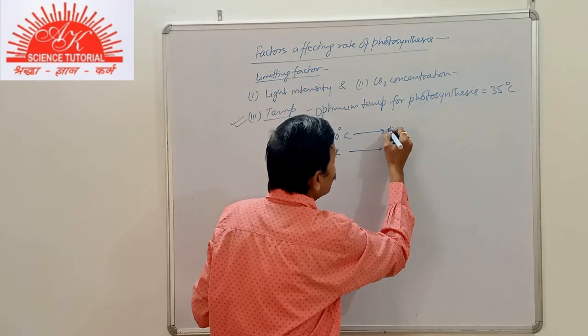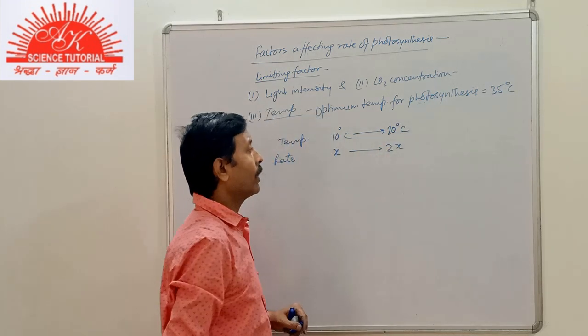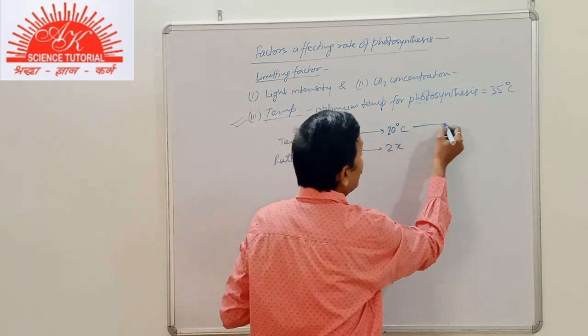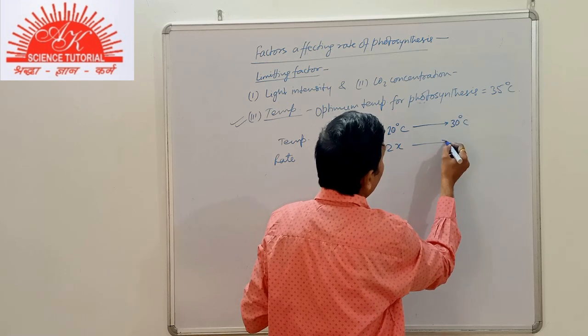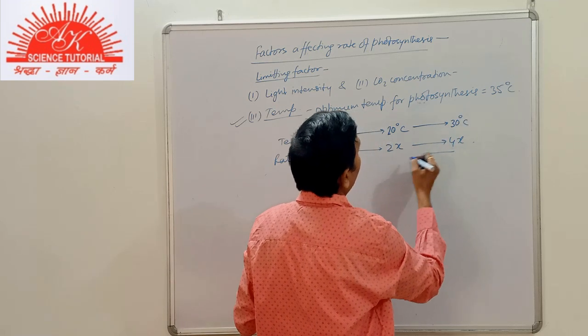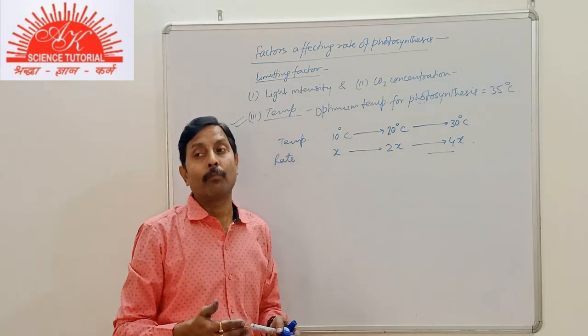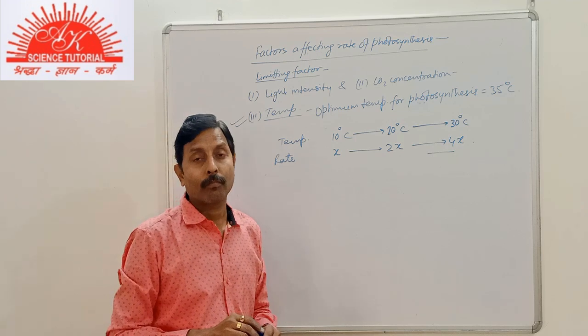When temperature reaches 20 degrees Celsius, the rate becomes double that of the initial. Again, if it reaches 30 degrees Celsius, it becomes 4x and so on. So, for every 10 degrees Celsius rise in temperature, the rate of photosynthesis gets doubled.